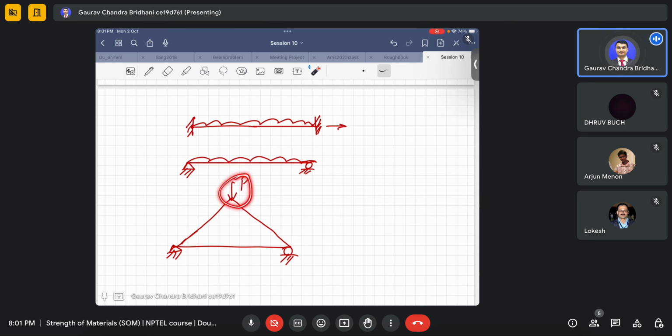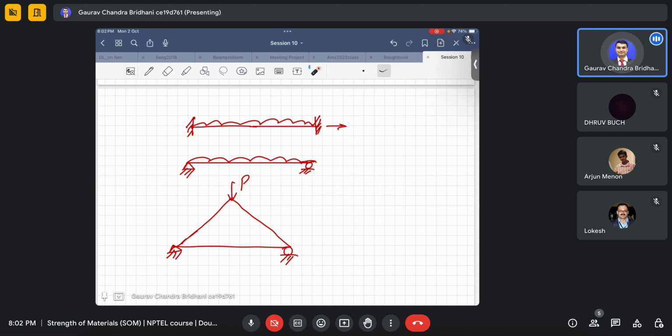Without the load, every member should have had zero stress, but now it does not, because I am using an indeterminate structure. That is a bad thing, because now you have to manage for it. And truss is a uniaxial member, so only axial tension or axial compression will apply.